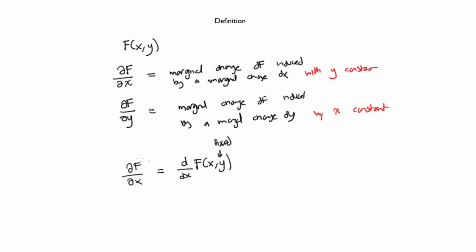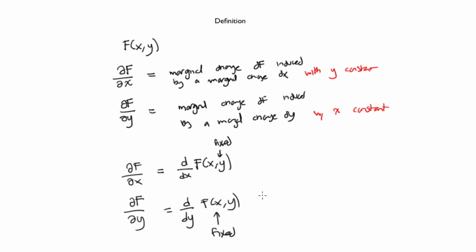So to take this partial derivative at a point x, y, think of constructing a function that has y fixed. Now you get a function only of x, and you just take the derivative with respect to x. And similarly, for the partial of f with respect to y, think of it as defining a function f of x, y with x fixed, and you just take the derivative with respect to y.